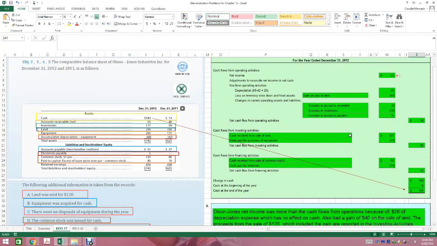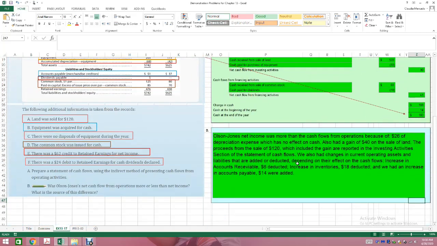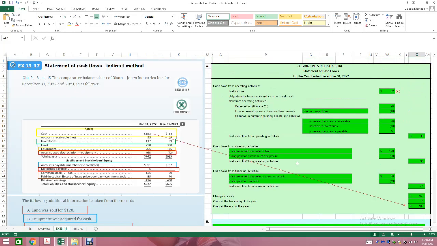Okay, so that is your completed statement of cash flows and your analysis. You are going to have a problem like this on your test. Please go over this video, pause it, look at the information carefully. Where am I getting all of these numbers, my calculations, so you can understand it very carefully, because like I said, you're going to see something like this on your test.